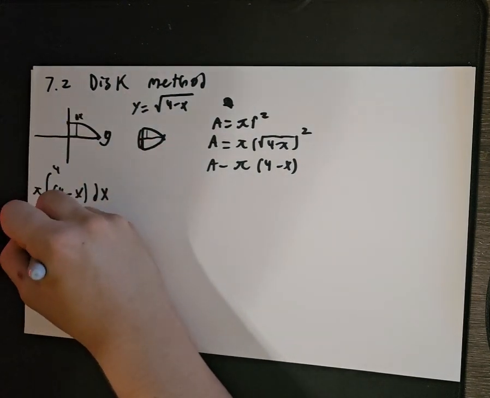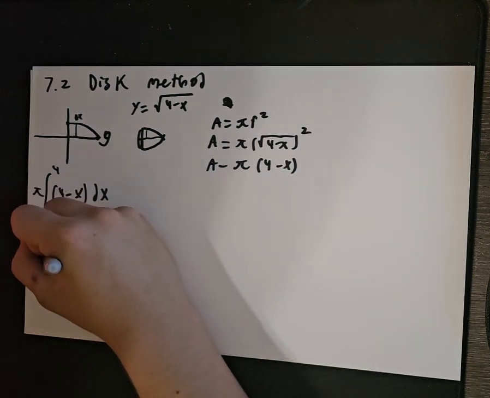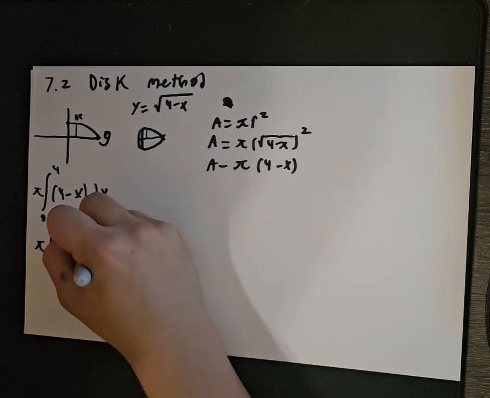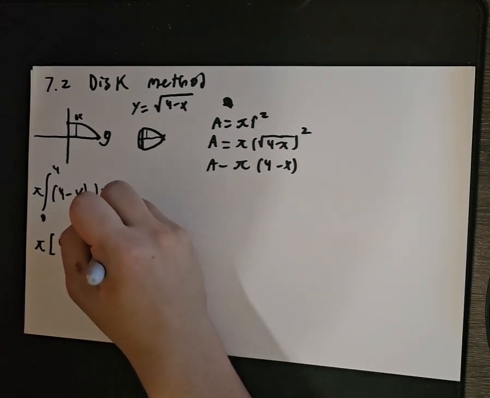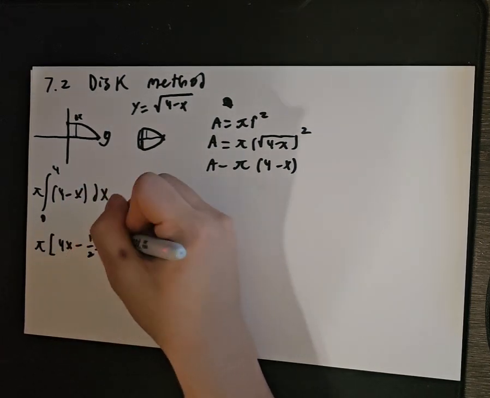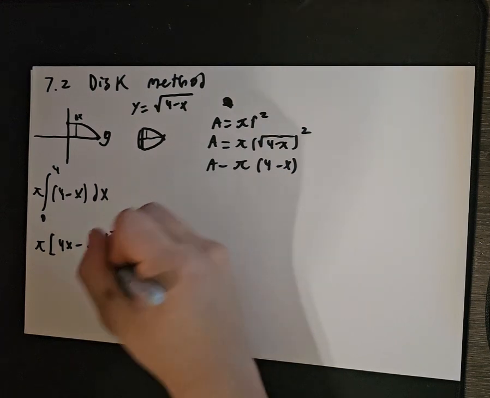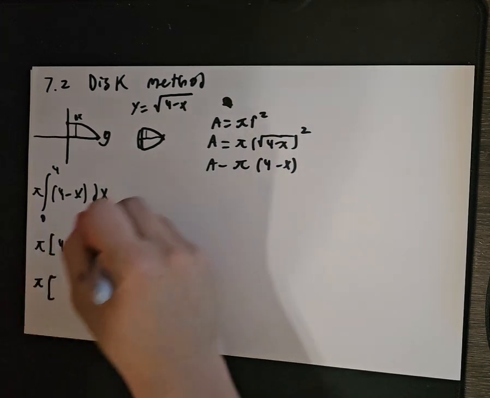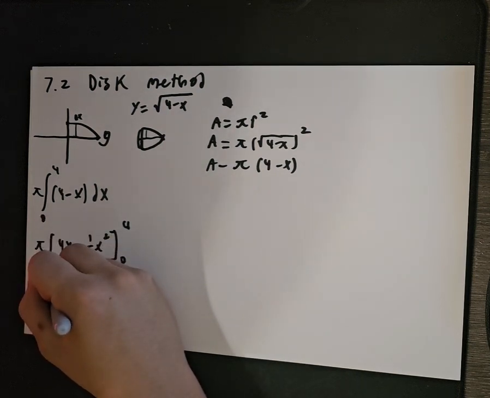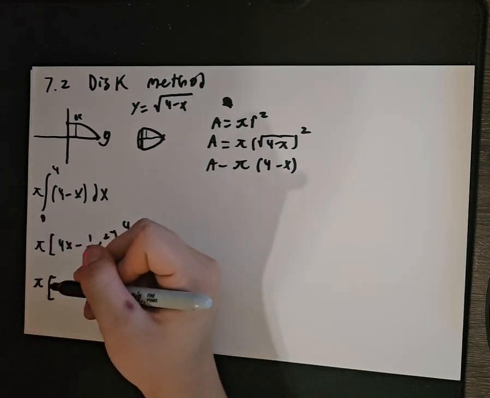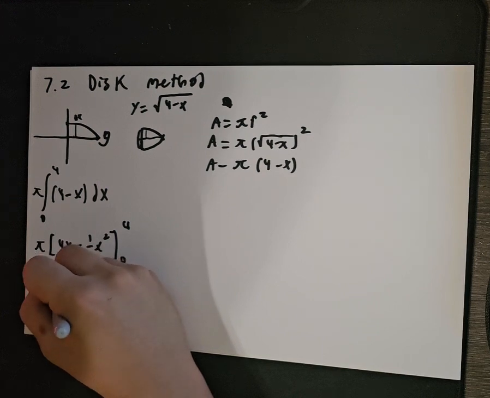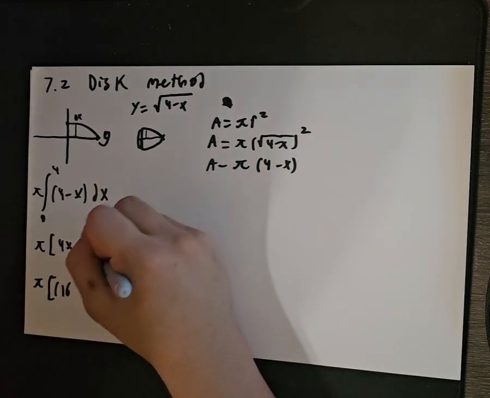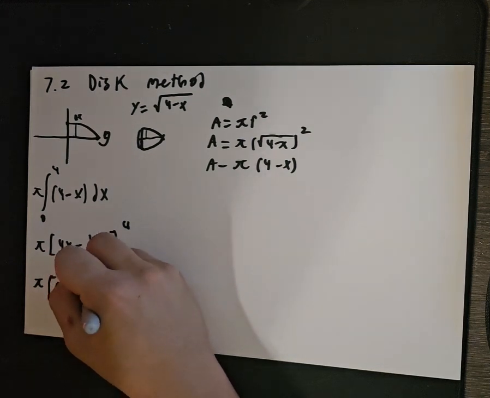So now we have pi times 4x minus 1/2 x squared, evaluated from 0 to 4, which is going to equal pi times 4 times 4, which is 16, minus 4 squared, which is 16, times 1/2, so minus 8.